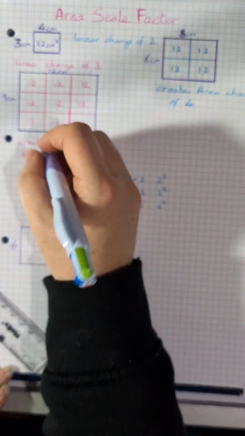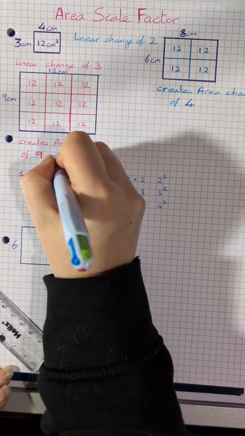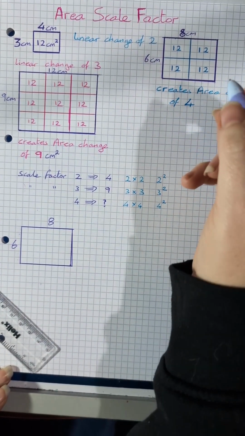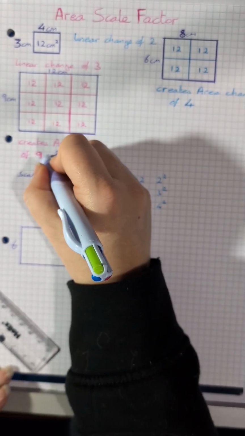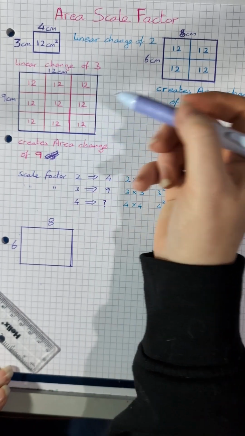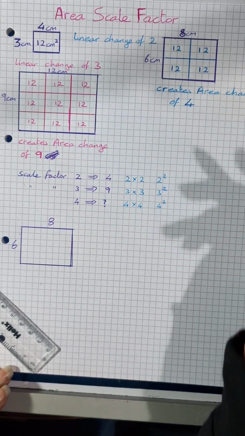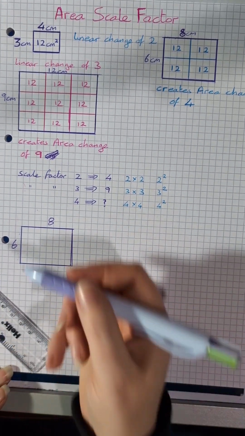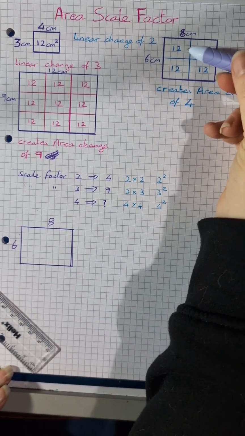Remember, in these previous ones, we were dealing with centimeters, so we'd be dealing with centimeters squared when we deal with our change. I tell a lie, that would not be on the scale factor. That would be on the total. And I haven't added up the totals, right? Okay. 12, 24.